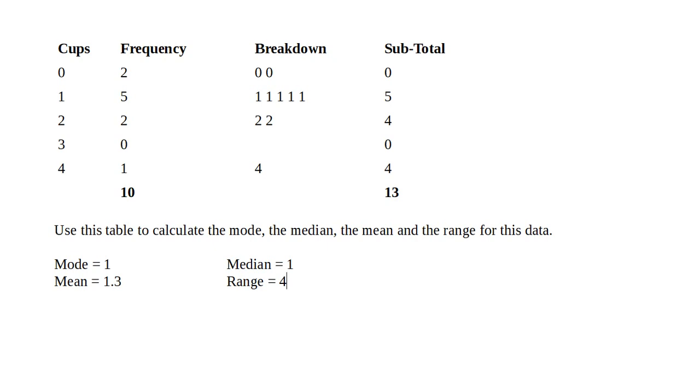So it is important that my mode, my mean, and my median should all be between 0 and 4. Well, the mode is 1, that's fine. Median is also 1, that's fine. My mean is 1.3, and again, it's within that range. If I'd worked out something greater than 4 or less than 0, then I would have made a mistake.